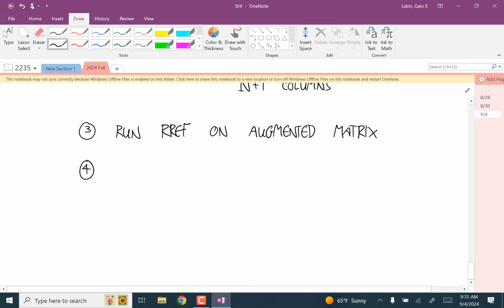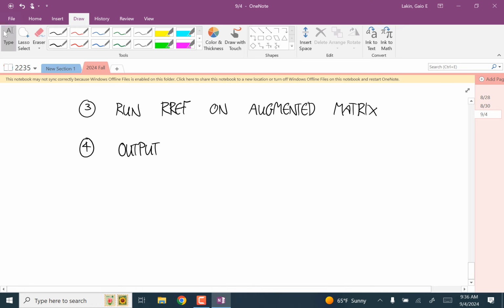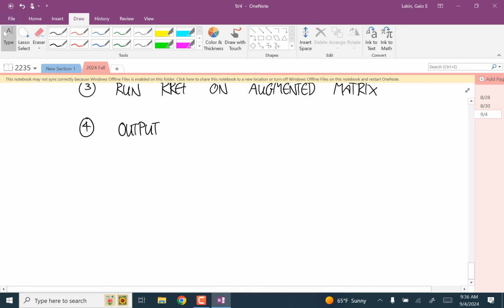And the output is going to look like this if it works. The only way it doesn't work is if you've entered something wrong, or if the problem isn't solvable through statics, which can happen. You have redundant forces or whatever. But most of the time we'll be working on problems that are solvable, and so the only way this will go wrong is if you fill out the matrix wrong.